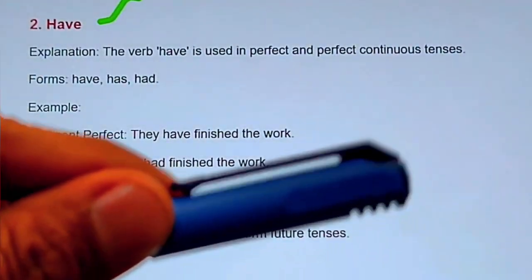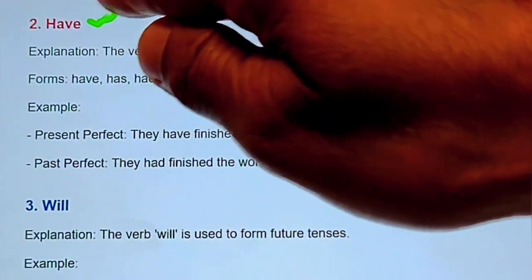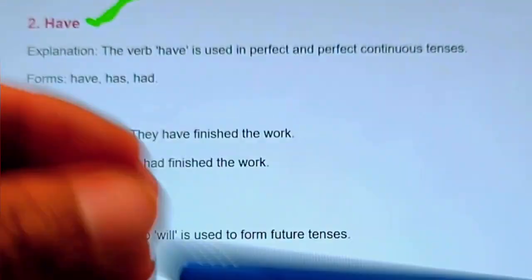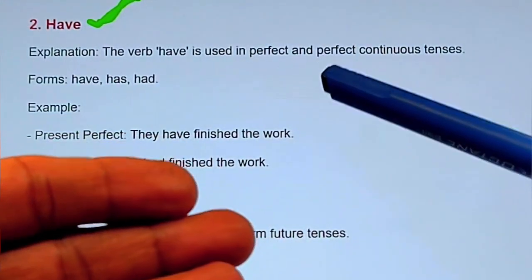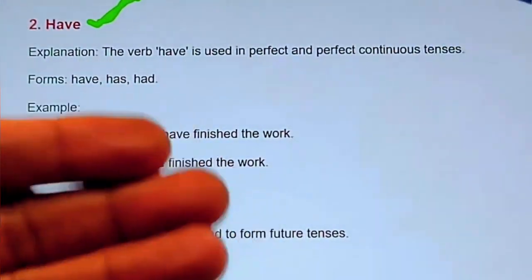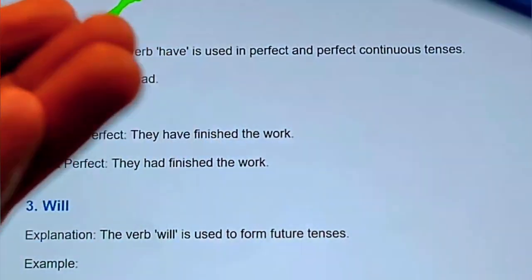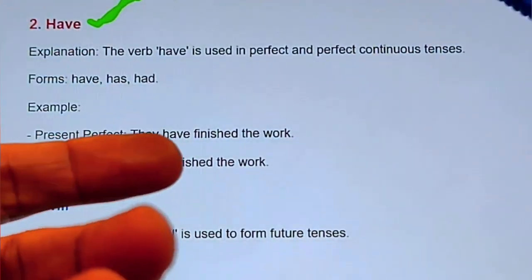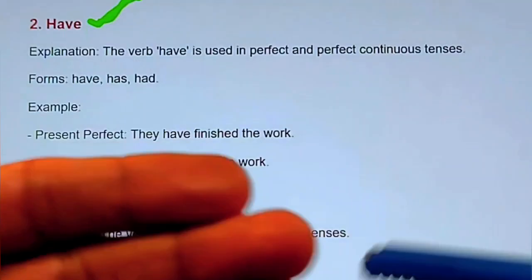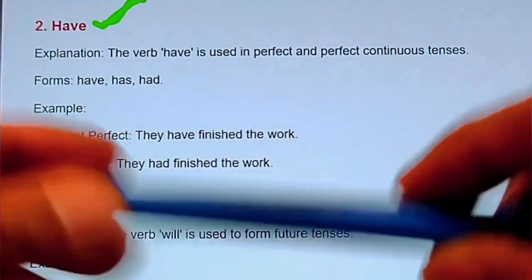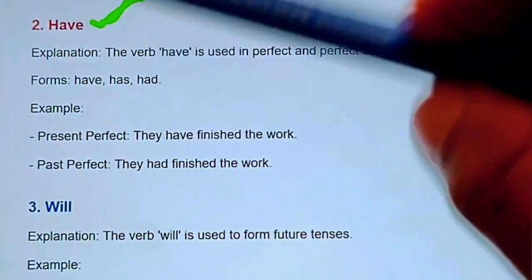And next key verb is have. Where do we use have? The verb have is used in perfect and perfect continuous tense. So very easy. The forms of have here: has, have, had.